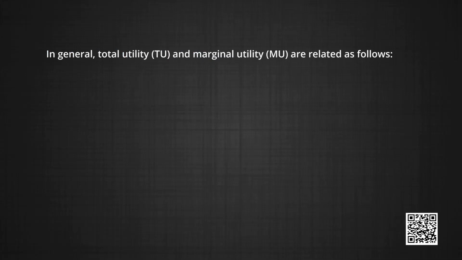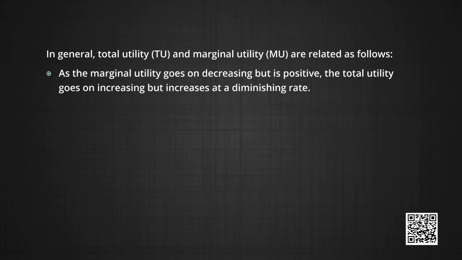In general, total utility and marginal utility are related thus. 1. As the marginal utility goes on decreasing, the total utility goes on increasing as long as the marginal utility is positive, but it increases at a diminishing rate.